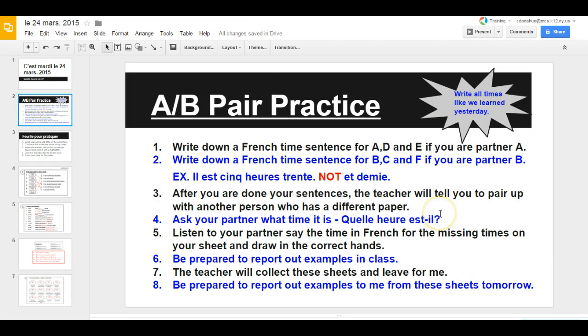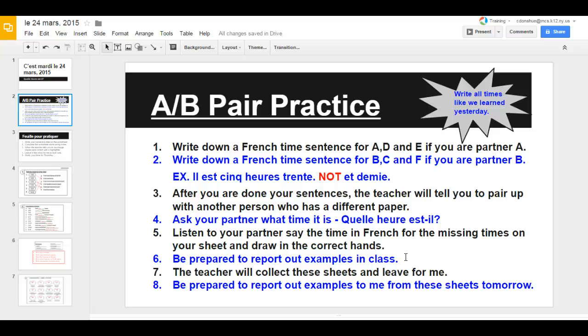You will continue doing that back and forth until you have said 3 times in complete sentences for your partner and he has written the hands on his clock, and that you have listened for 3 times and written the hands on your clock. Be prepared to report out examples in class as directed by the teacher.